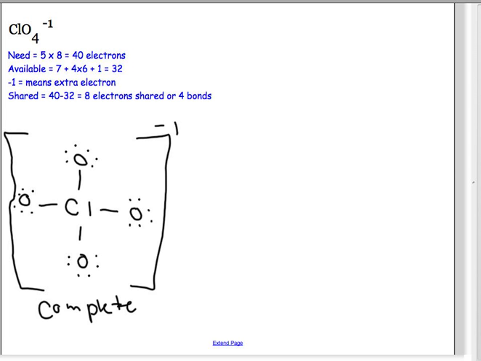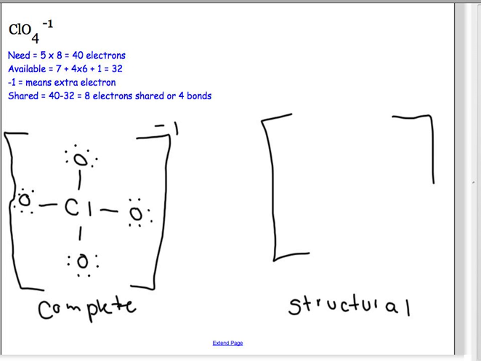If you just want a structural, then let me just draw this first. Make my life a little easier, I think. Just to have your -1, and then you'd only really worry about the bonds. And what the structure will be for is later when we're looking at the shape.